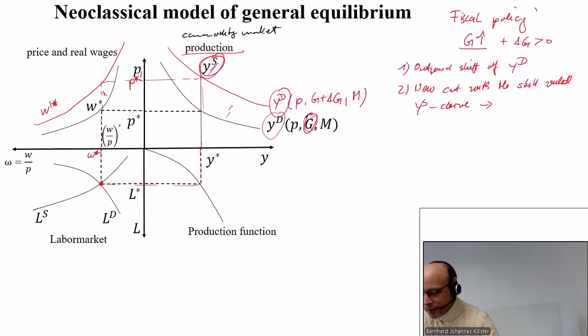As a result, we have an increase in prices to P star prime larger than P star.